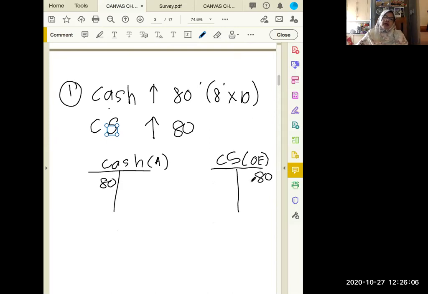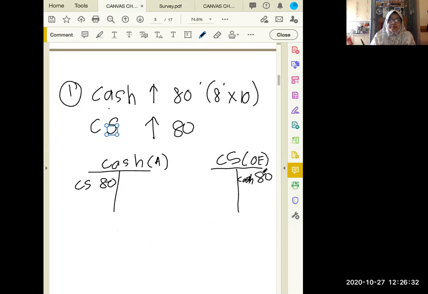So how do you know what this 80,000 is for? It means that for this cash account, where do you get the money from? It's from capital stock. So you put capital stock as a reference. Similarly, why did you create this capital stock? Because you have injected cash of 80,000 into the company. So that's the description for the account.